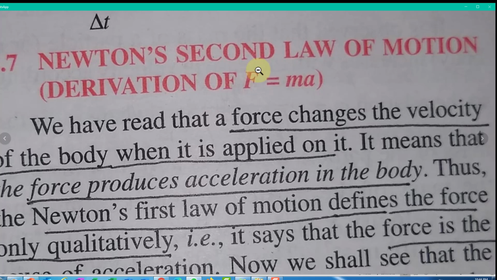Whenever you apply force on any body, what happens? Of course, its velocity changes. When a body is at rest and you apply force on it, it comes in motion. Or if the body is in motion and you apply force, then its velocity can increase or decrease.